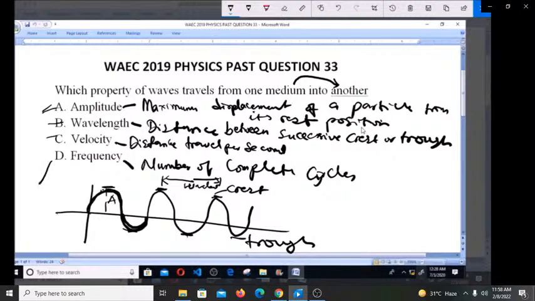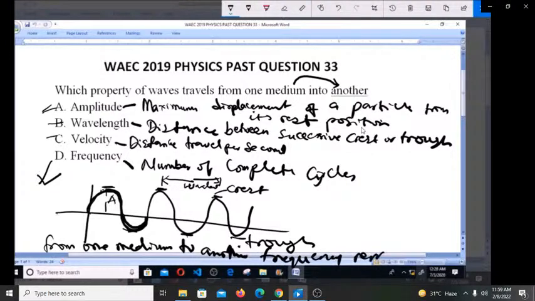But the frequency actually remains. It never changes. So when there is movement from one medium to another, the frequency remains. So that makes option D the right answer.